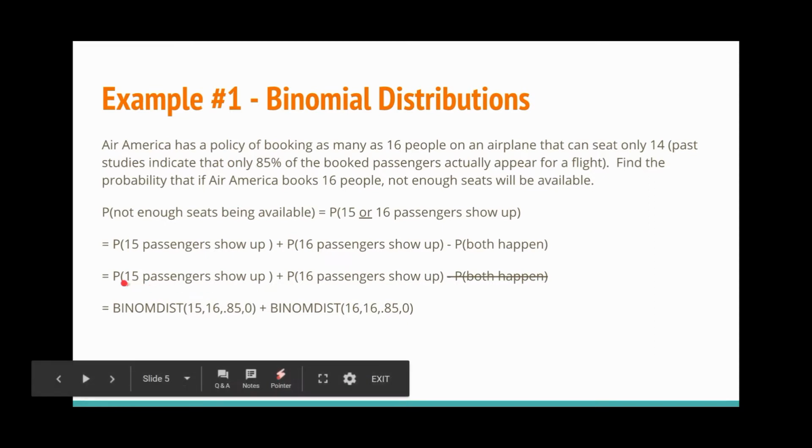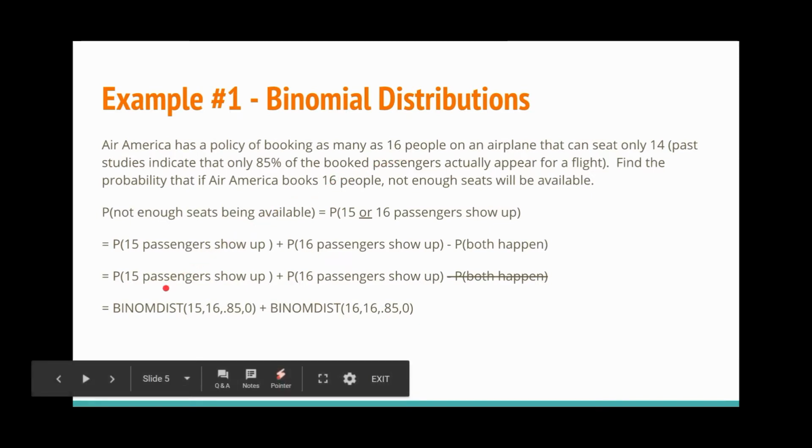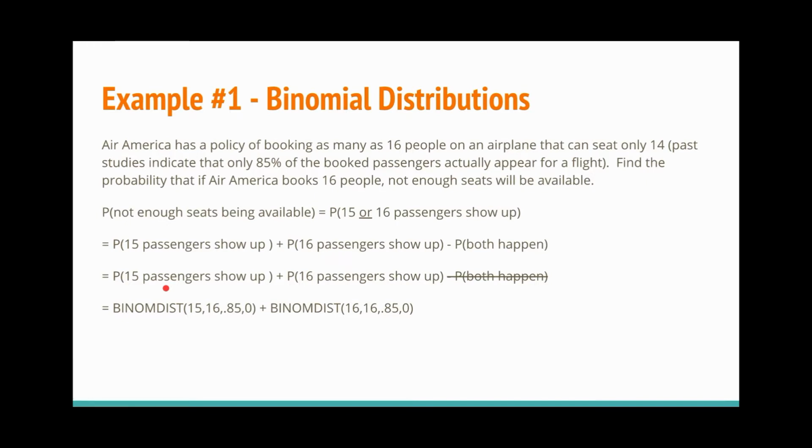And now each one of these, getting 15 passengers out of 16 people, is a binomial distribution. There are two outcomes. They either show up or they don't. The probability is constant. There's an 85% chance, or a 0.85 chance, that someone will appear, and the probabilities remain constant.